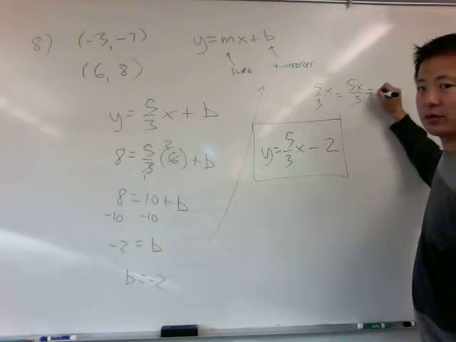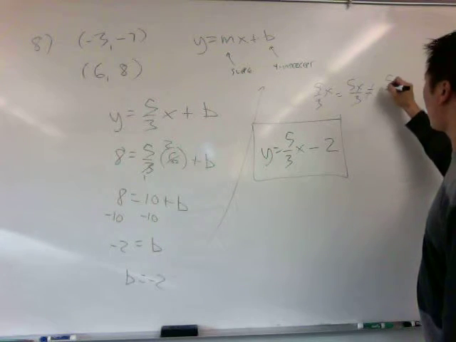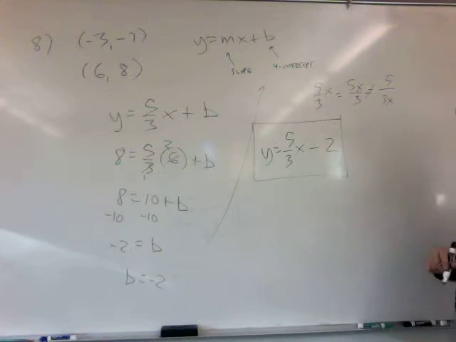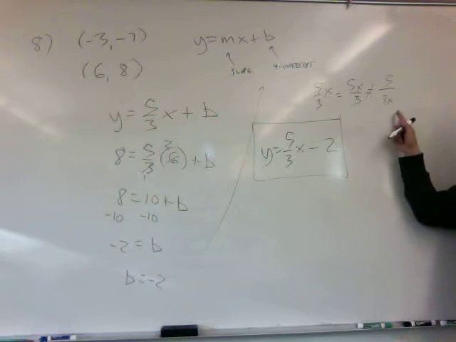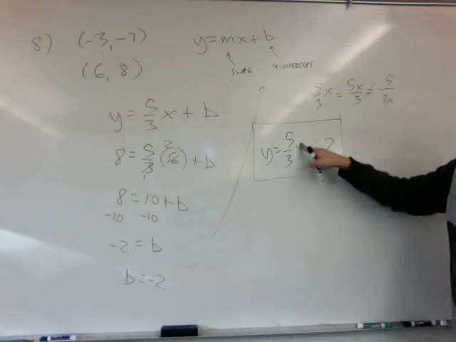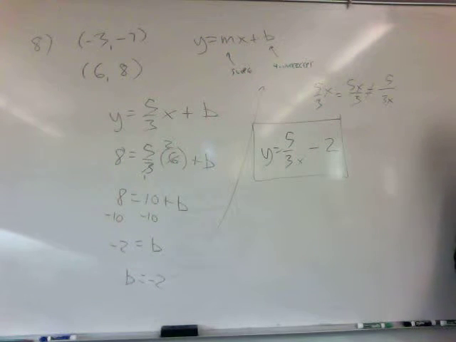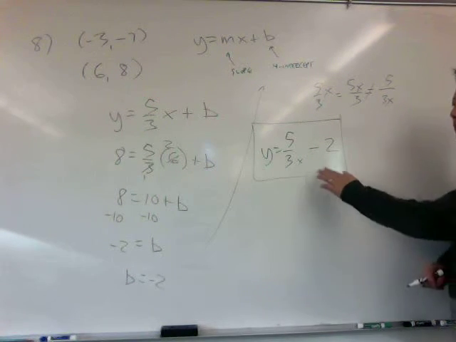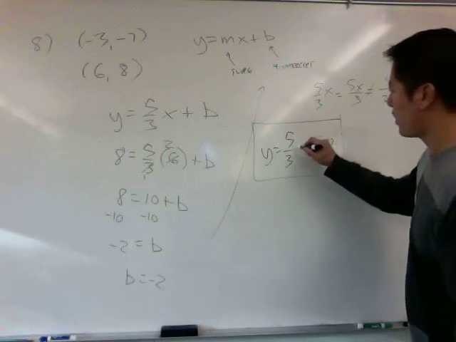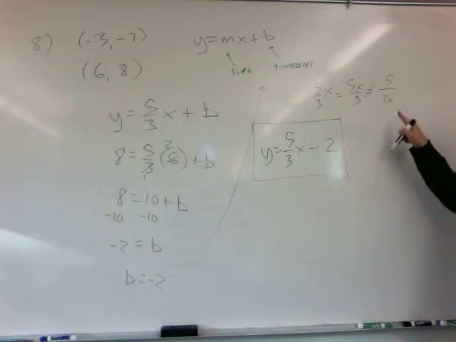But it is not equal to 5 over 3x. So I just want to make sure it's clear when you write this, you're not putting the x down here, because then it looks wrong. So you can either put it up here or put it up in the numerator, just make sure it's not in the denominator.